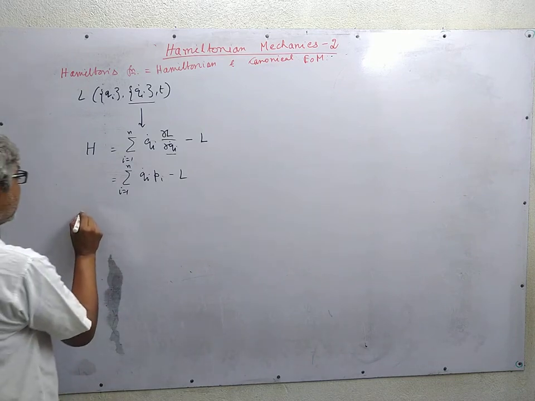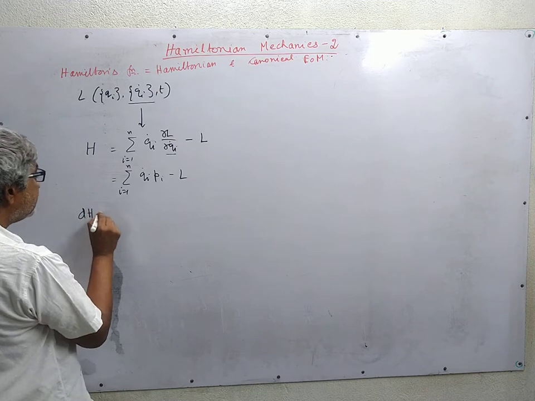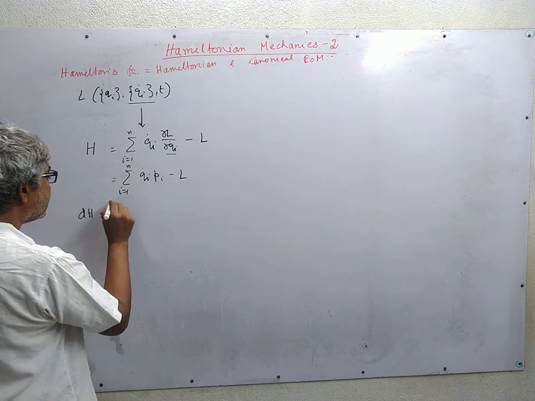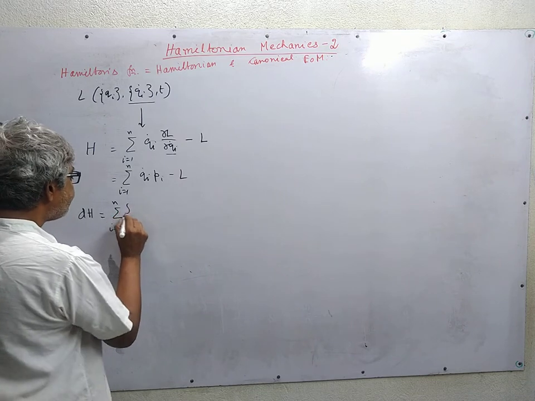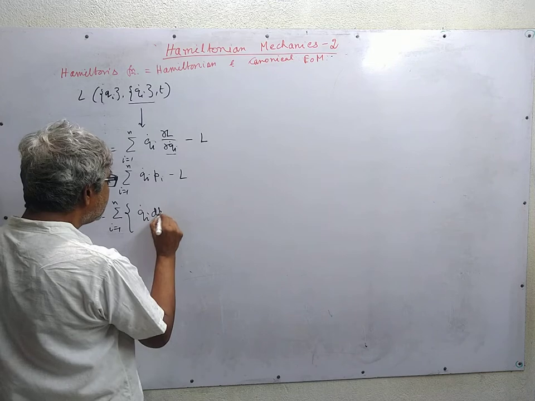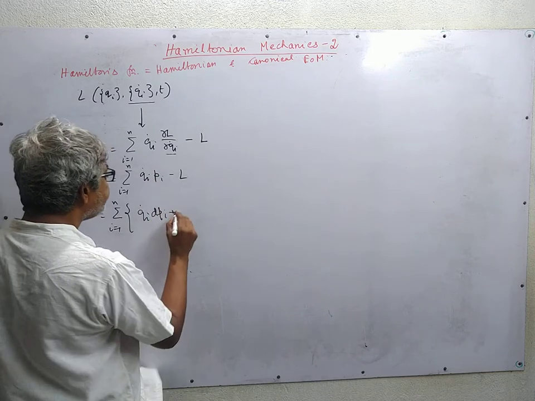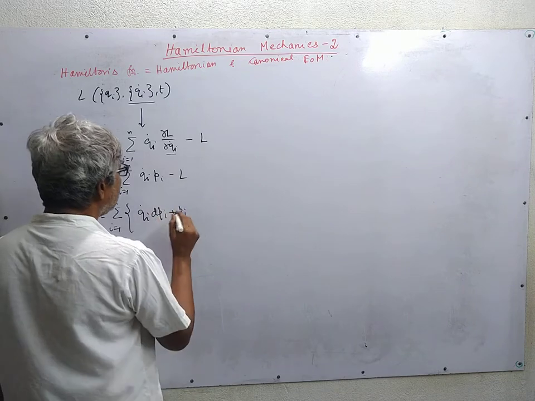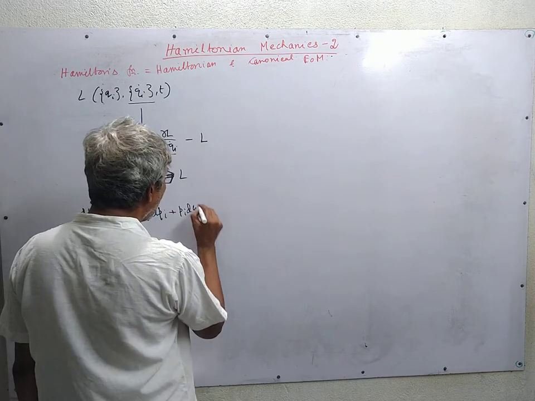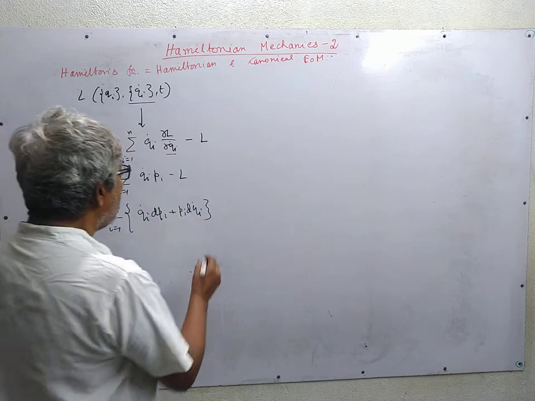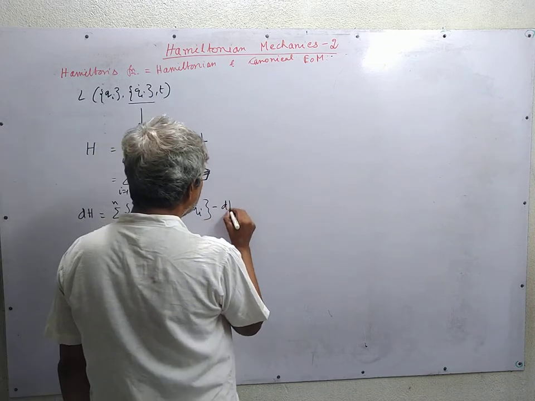If we write dH, then from this equation we get the summation over i equal to 1 to n of q_i dot dp_i plus p_i dq_i dot, this is this part, minus dL.